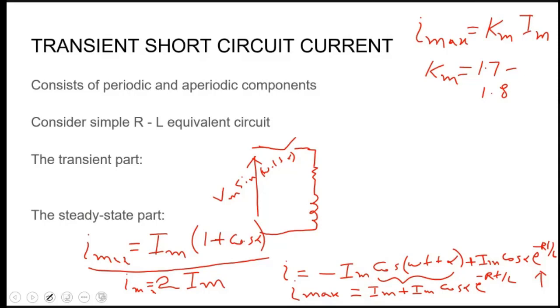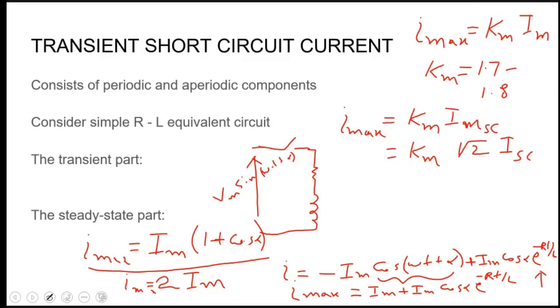Now this can be further written as Imax equals Km into Im, which is the maximum short circuit current, equal to Km into root 2 times ISC, where ISC is the short circuit RMS current.